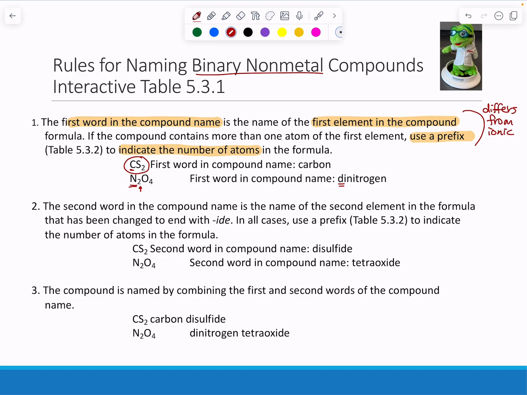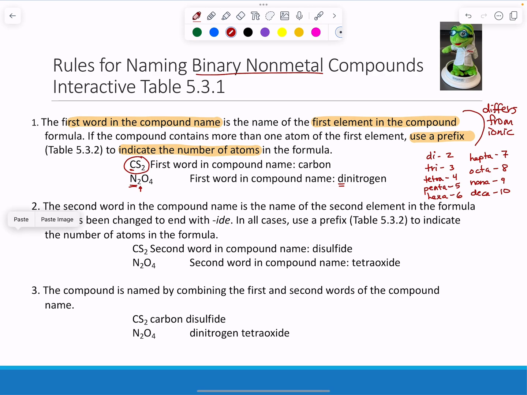And our prefixes are: di is 2, tri is 3, tetra is 4, penta is 5, hexa is 6, hepta is 7, octa is 8, and nona is 9, and then deca is 10, but we're not going to get beyond that because then your compounds are getting so big that you have to use the more complicated naming schemes.